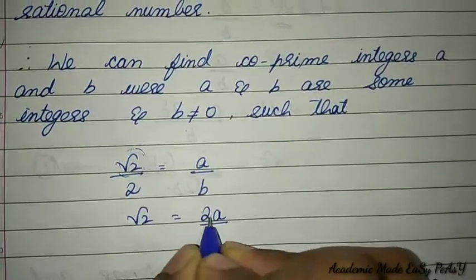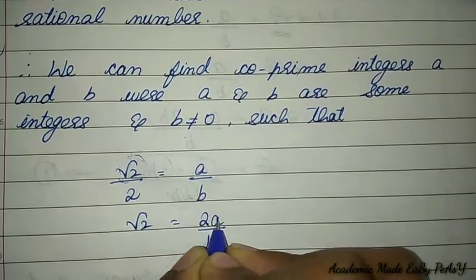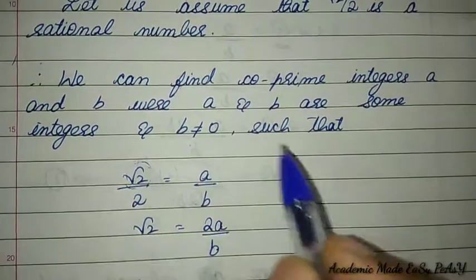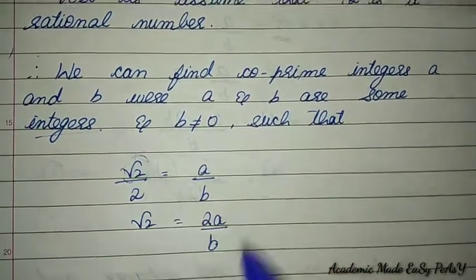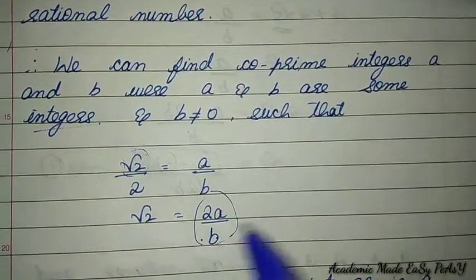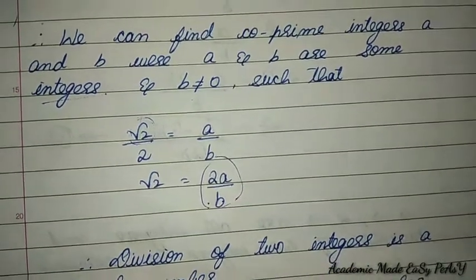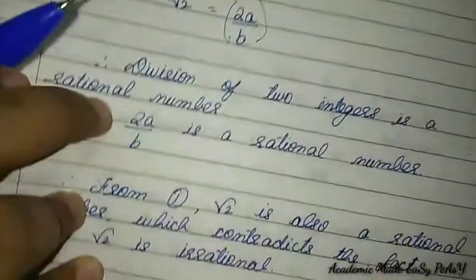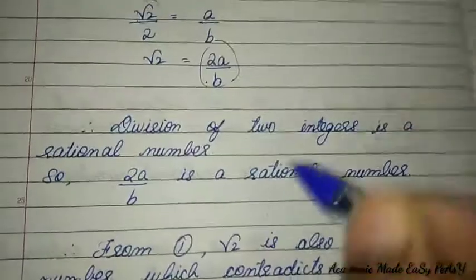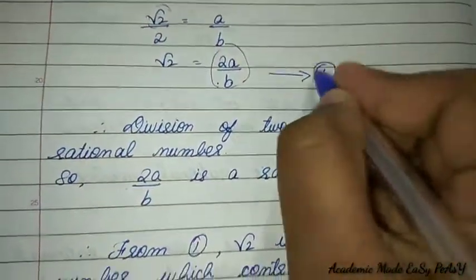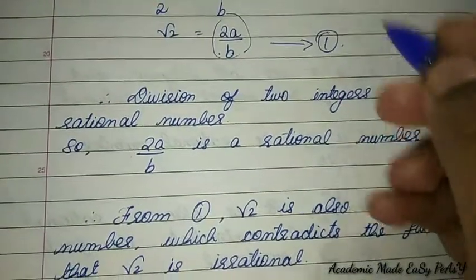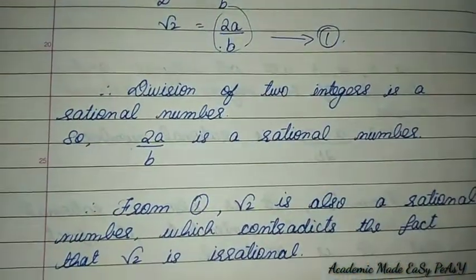Now we know that 2 is an integer. a and b we already said are integers. So when all are integers and we divide, what will we get? We'll get a rational number only. Let this be equation 1. But we have also proved that root 2 is an irrational number, isn't it?